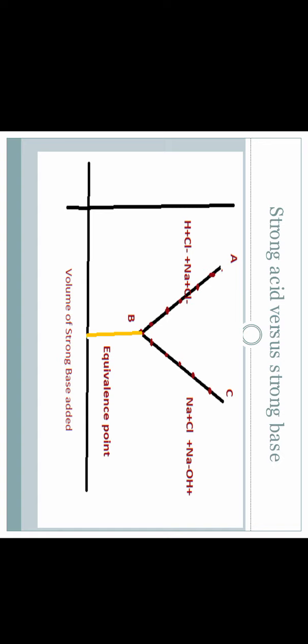It is formed by the addition of the strong base and its reaction with the strong acid. It forms a salt, NaCl. And this graph is shown with the help of NaCl and NaOH, that is, the salt and the strong base.